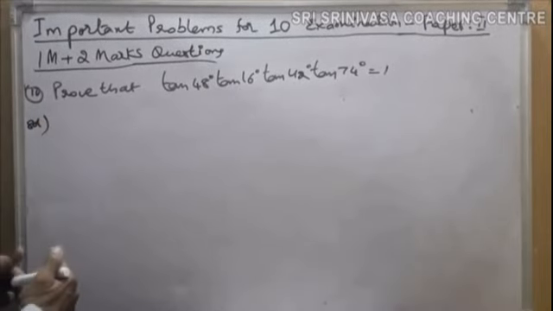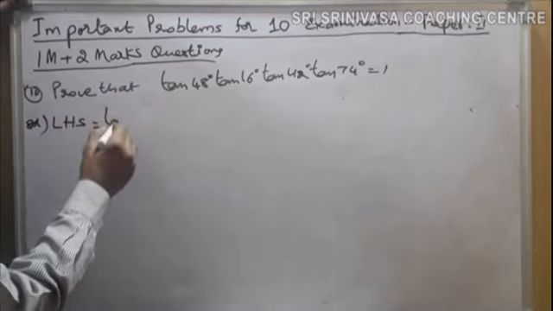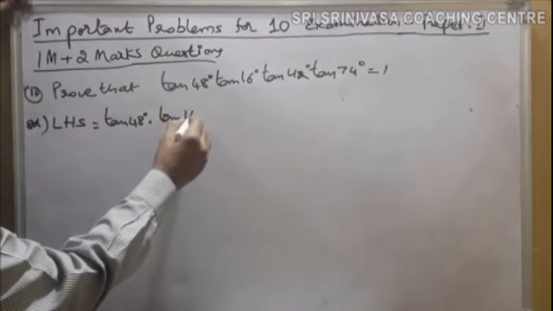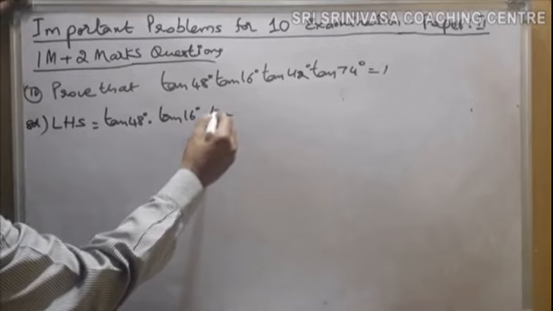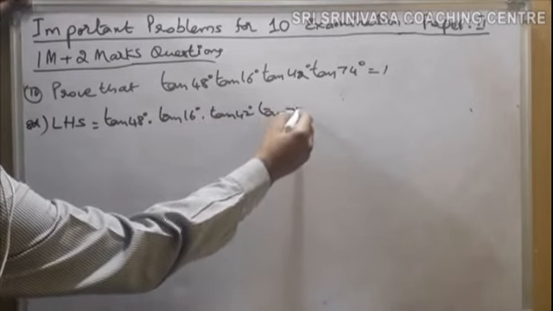Here the question says prove that tan 48 degrees into tan 16 degrees into tan 42 degrees into tan 74 degrees equals 1. So let us go for LHS first. LHS is tan 48 degrees into tan 16 degrees into tan 42 degrees into tan 74 degrees.